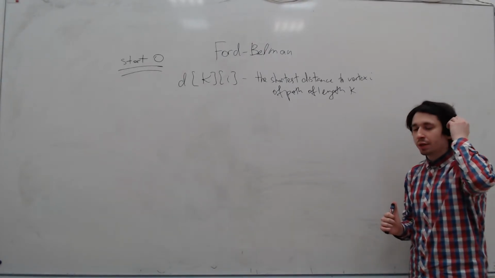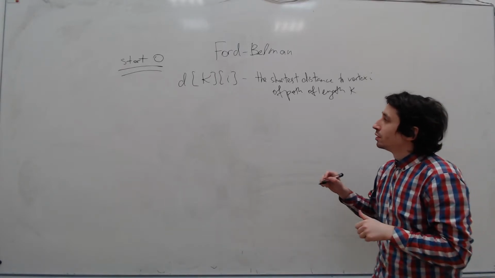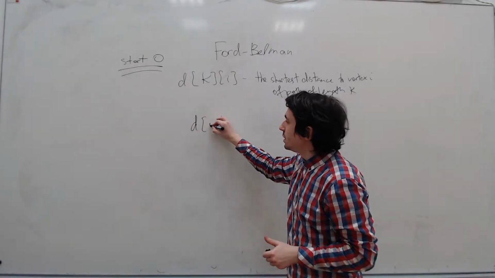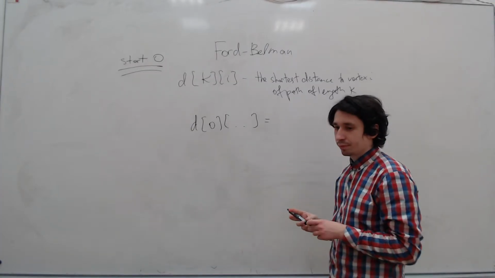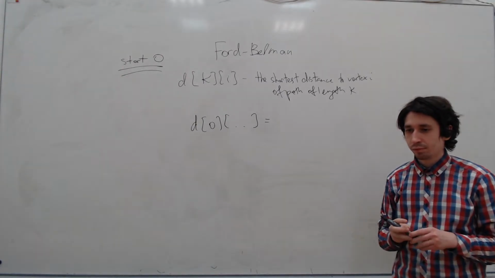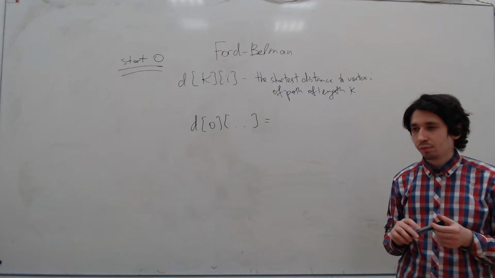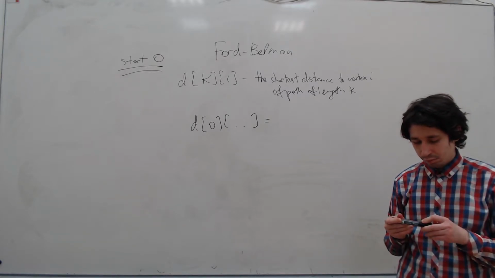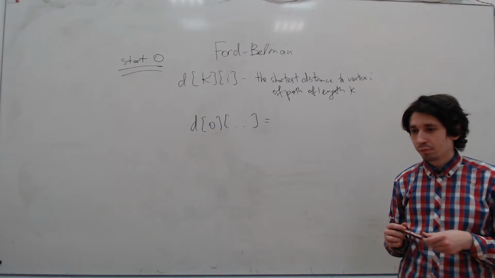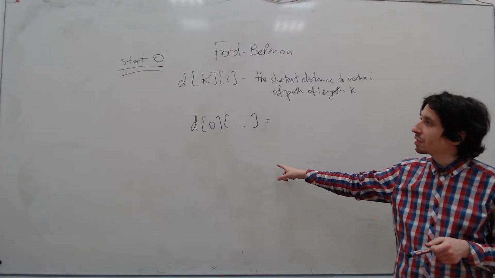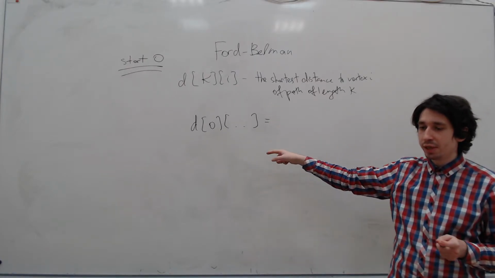Okay, can you tell me the base of this dynamic programming? D0. What will be in D0? What are the shortest paths from vertex 0 when you can move only 0 edges?